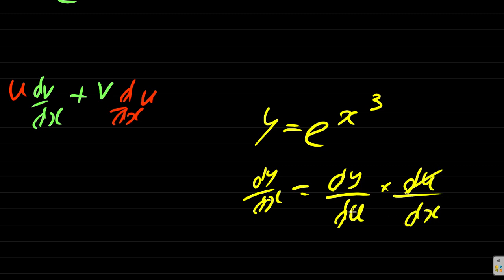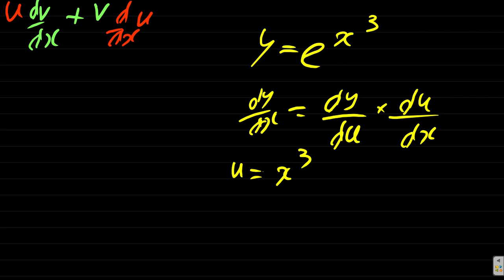And notice it's like the du cancels the du, leaving the dy over the dx, right? Dy by dx. But what is u? Let u be equal to x cubed. That means you would have y equal e to the u. Now, from this, u equals x cubed.